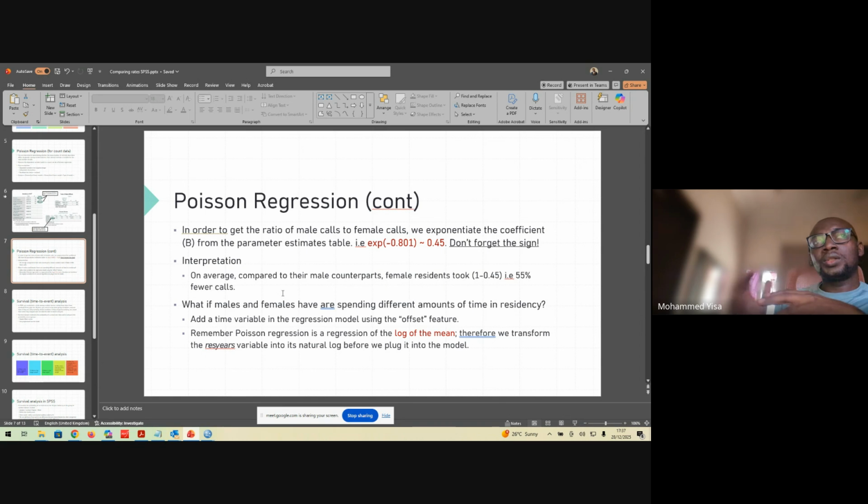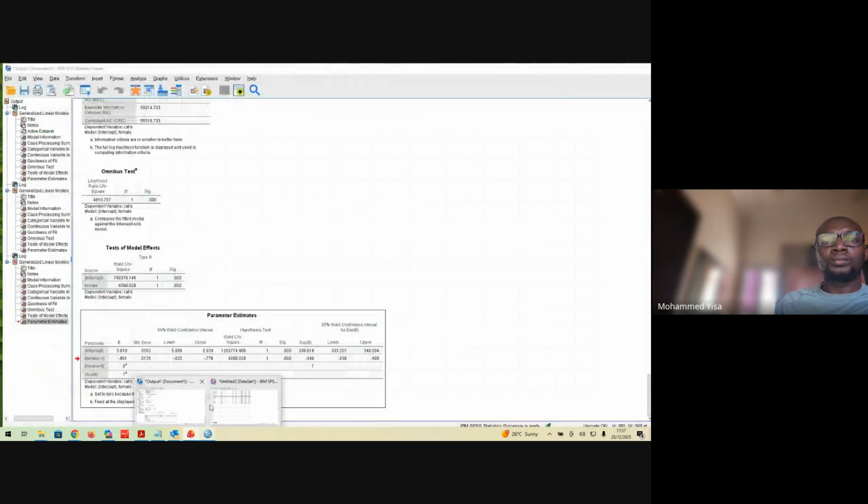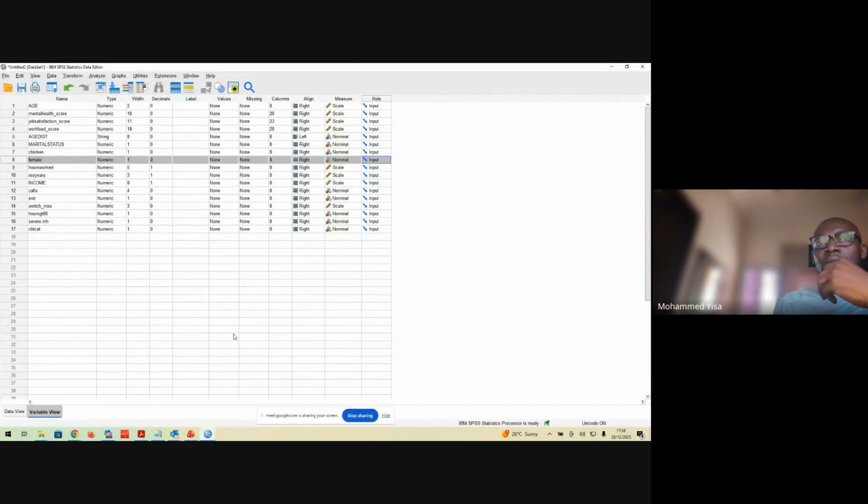So not really adding time as a predictor variable, but removing that time as a confounder. And there's a feature within the Poisson regression called offset. So let's go back to our data set and do the regression again, this time around, putting the number of years spent by the resident as an offset and see what happens to the percentage.